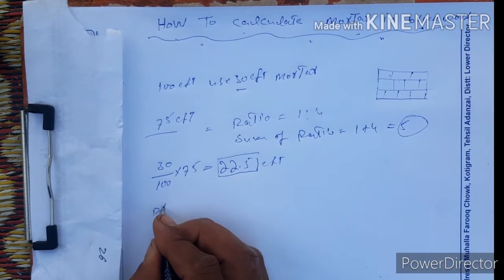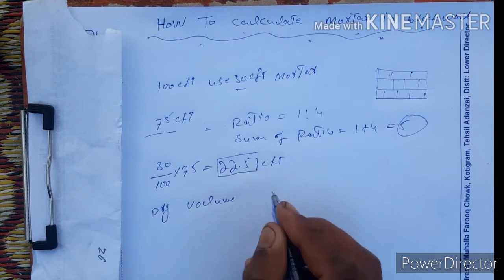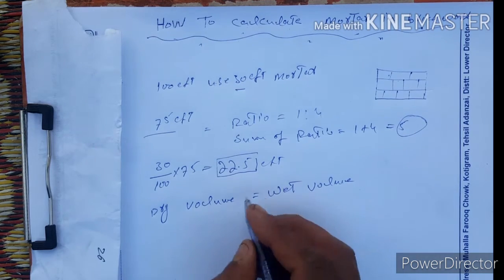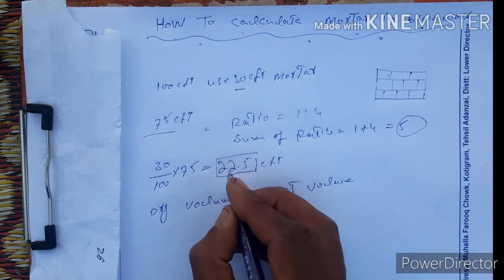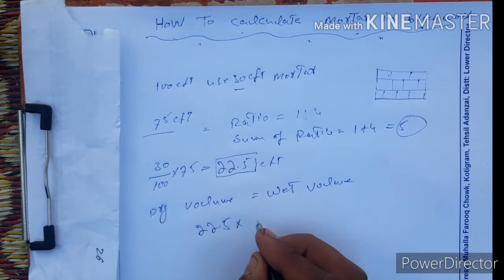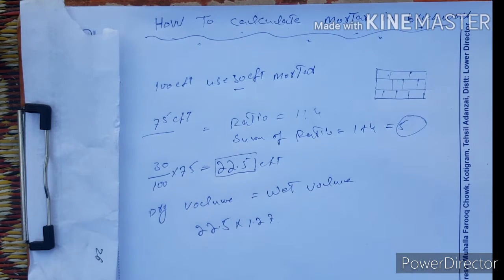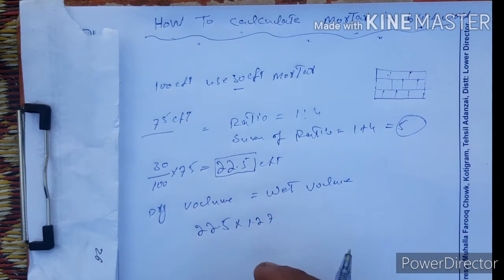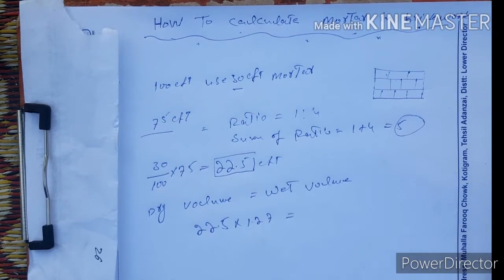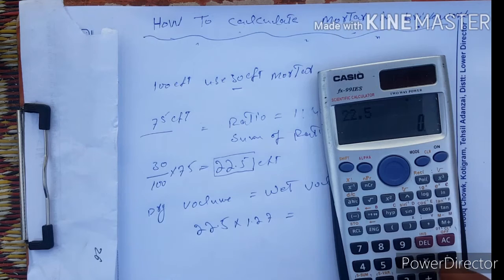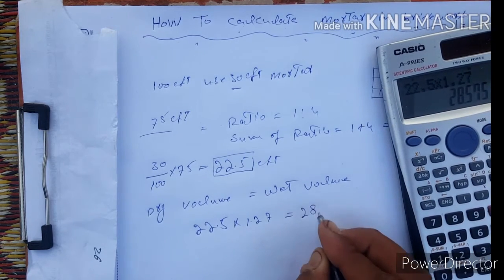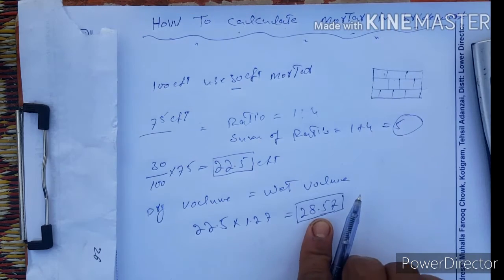Dry volume is equal to wet volume, 22.5, multiplied by 1.27. This is a specific value: when we convert mortar wet volume to dry volume, the specific value is 1.27. So 22.5 multiplied by 1.27 is equal to 28.57 as dry volume.